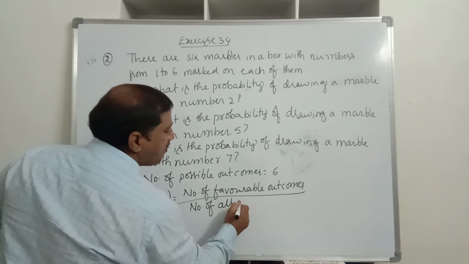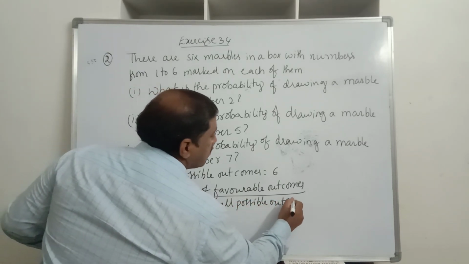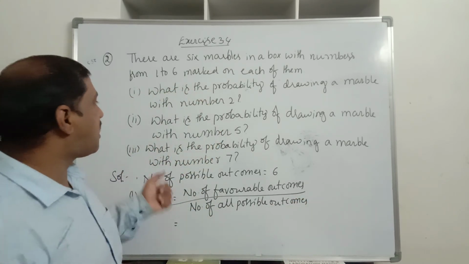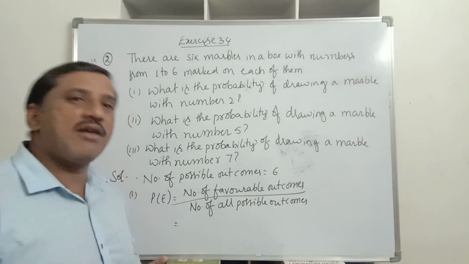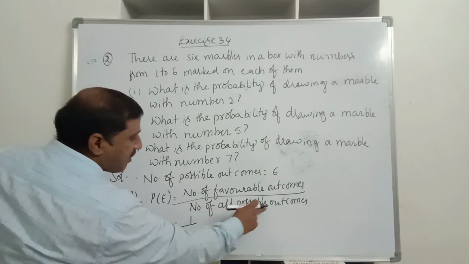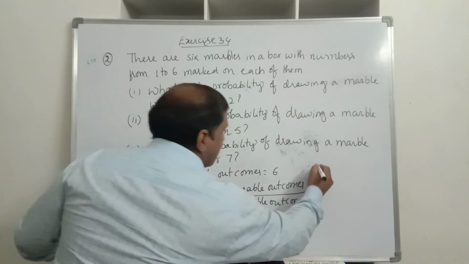How many favorable outcomes are there for a marble with number 2? Only one marble is there. So favorable outcomes are 1, divided by the number of possible outcomes, which is 6. Therefore it is 1 by 6.